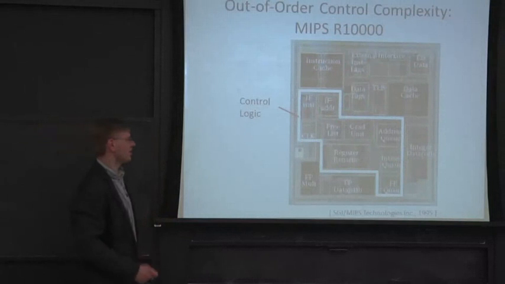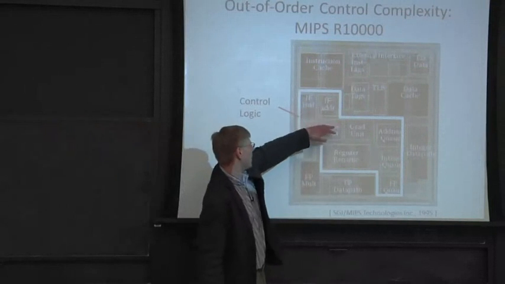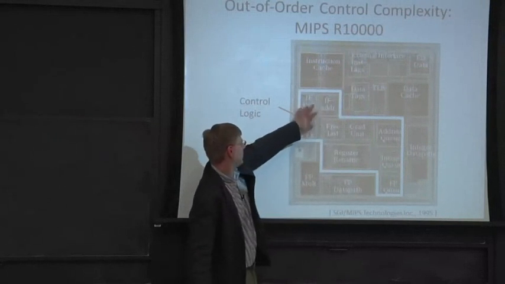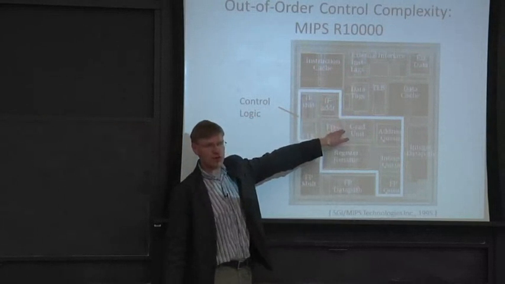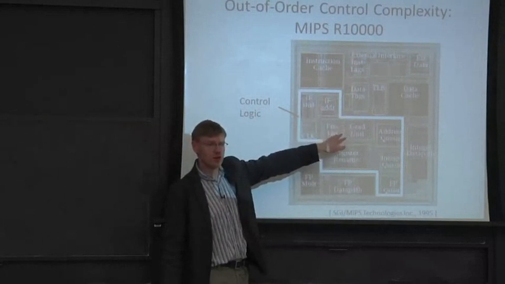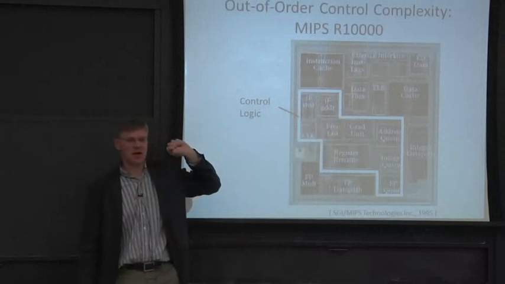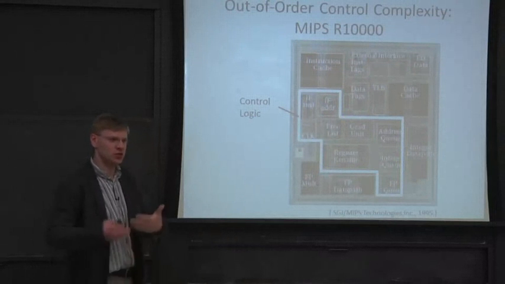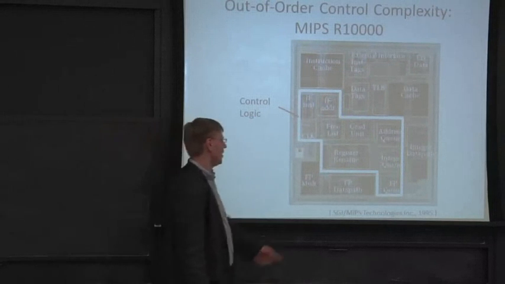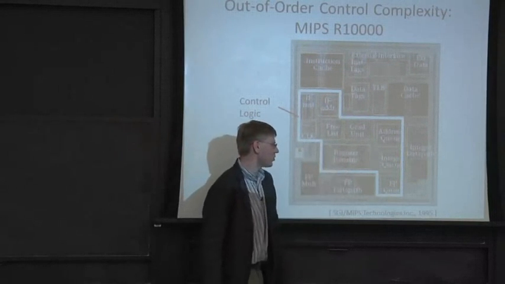Let's look at what's inside of here. We have next instruction logic. We have the free list, which we talked about, right? The free list for which register is free to reuse in your out-of-order processor. We have a big block that just does register renaming.